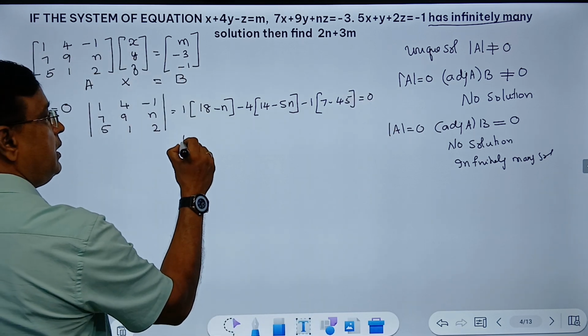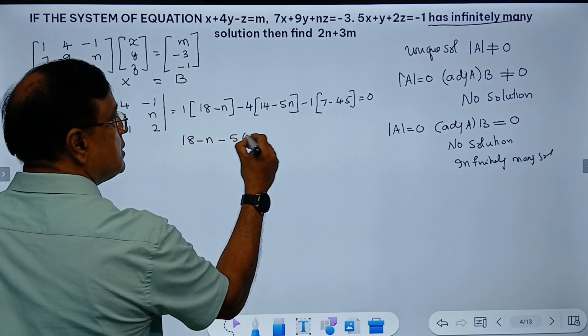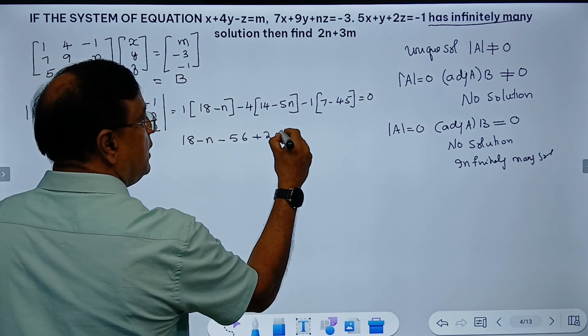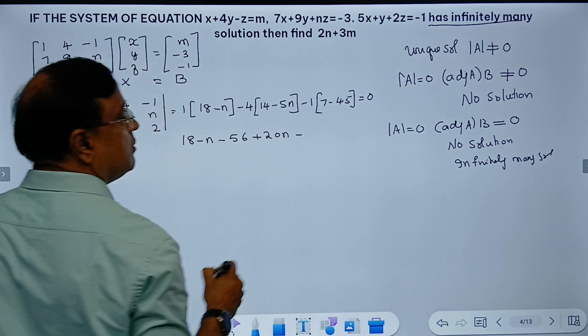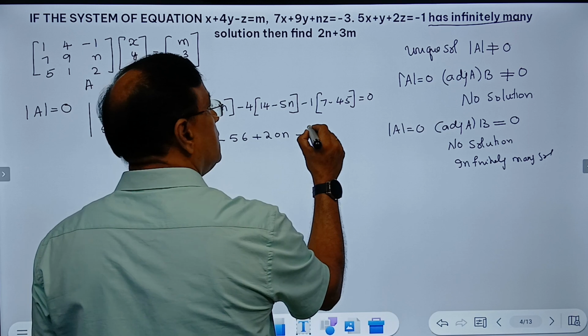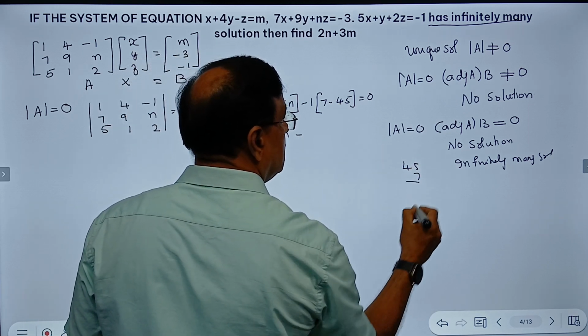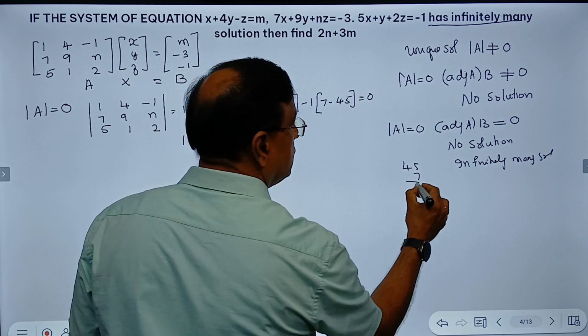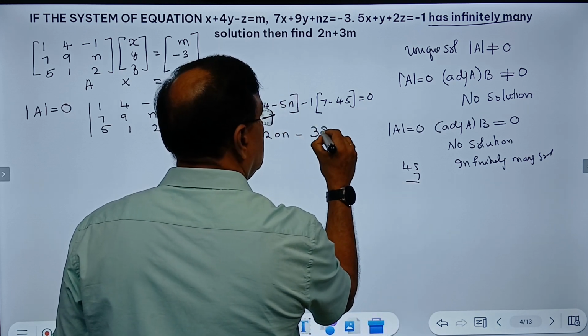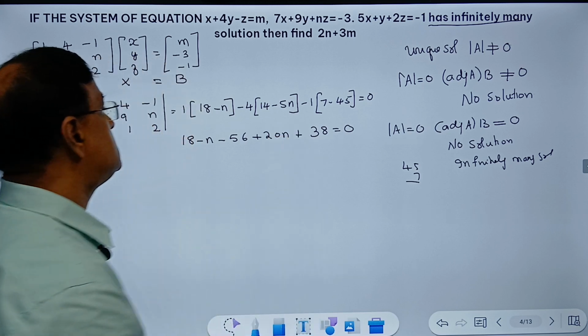So I have 18 minus n minus 56 plus 20n minus, this will be 38. Okay. 45 minus 7 is 38, equal to 0. Since it is minus into minus, it will be plus.